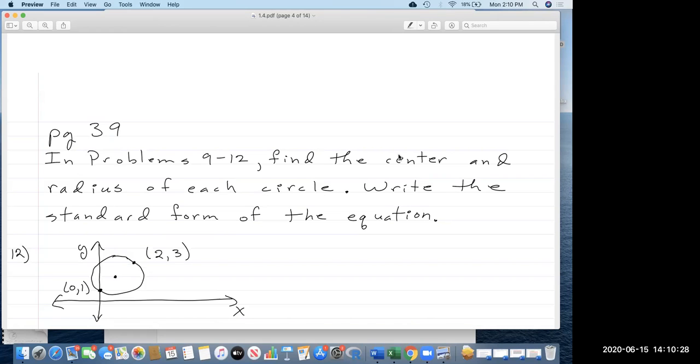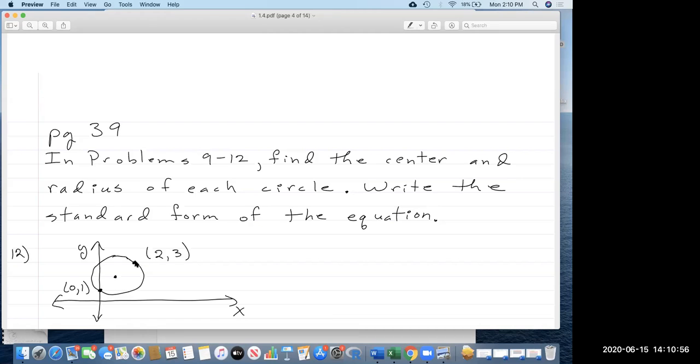Page 39. In problems 9 through 12, find the center and the radius of each circle. Write the standard form of the equation. Okay, so I have here a circle through 2 points, (2, 3) and (0, 1). This notation says that this is going to be a diameter of your circle.